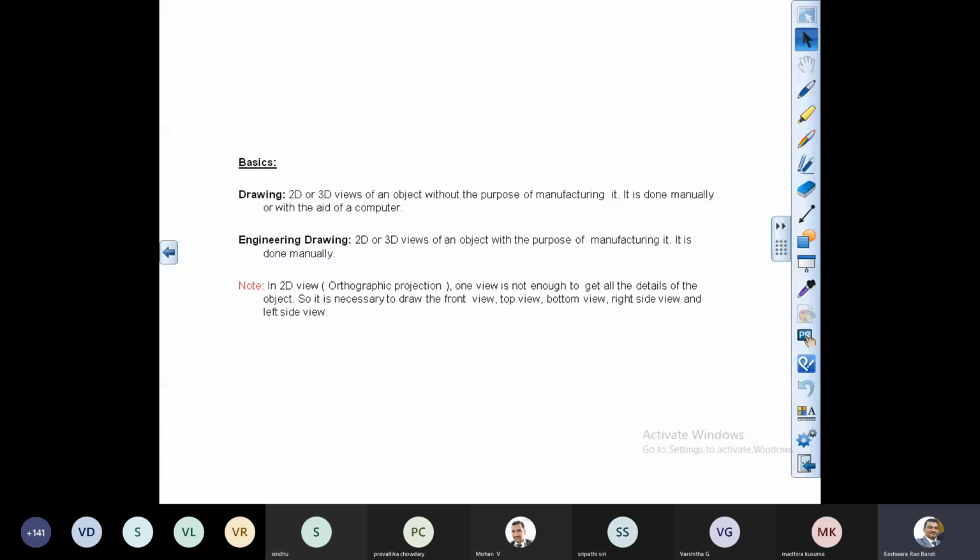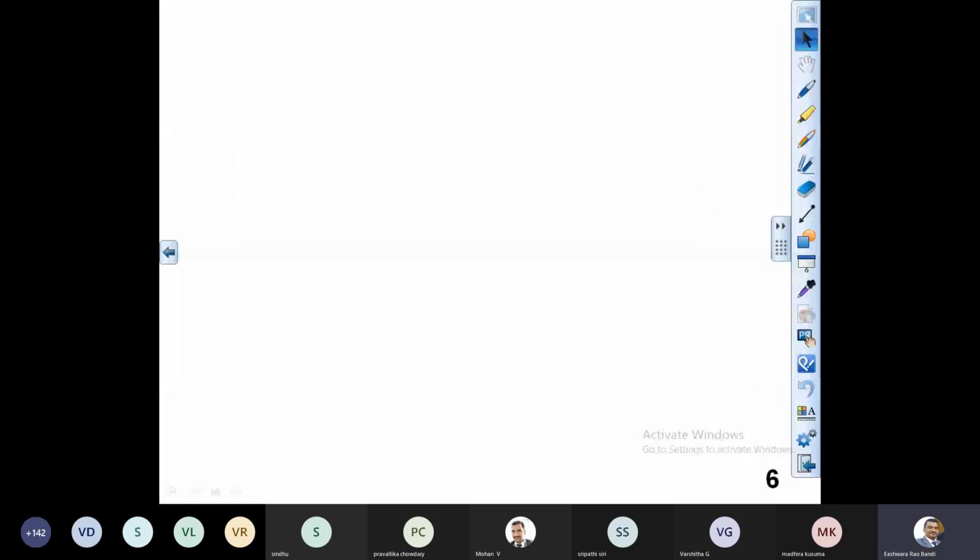Only the 2D means the orthographic projection, and the 3D means the isometric projection. Only these things we'll discuss and study about engineering drawing here, in first year. That's it. This is the end of the session.